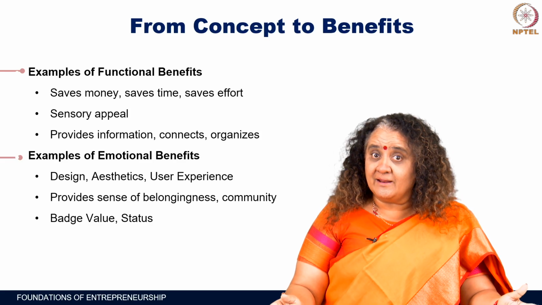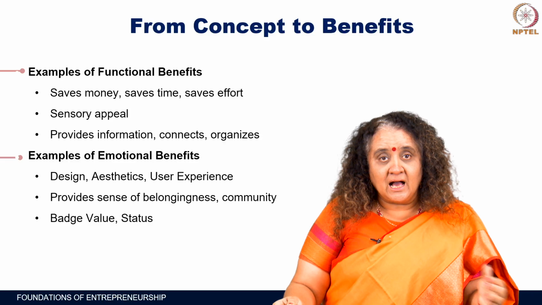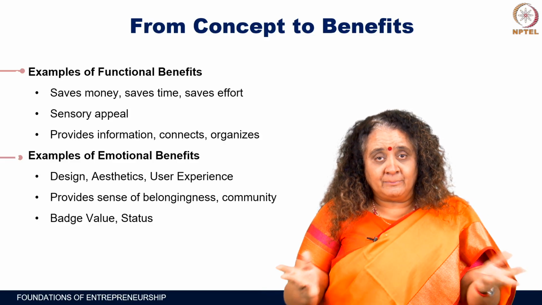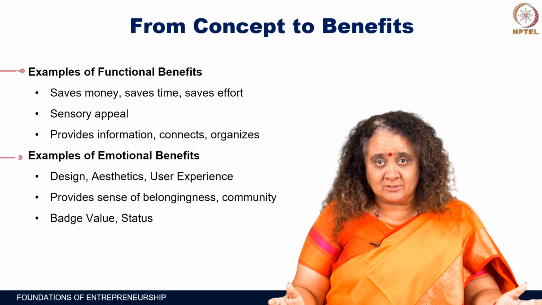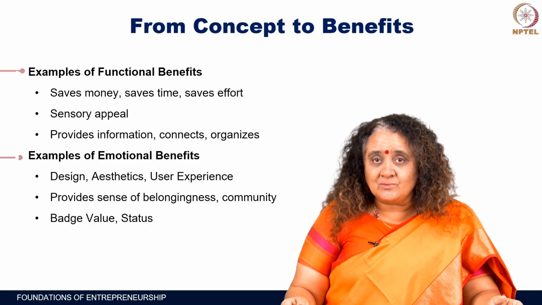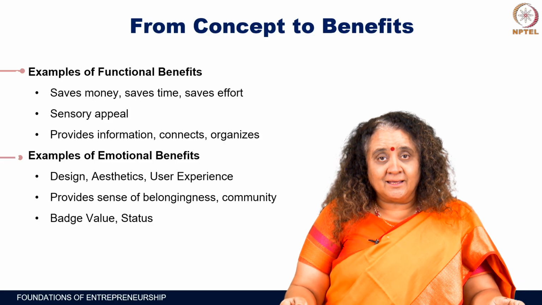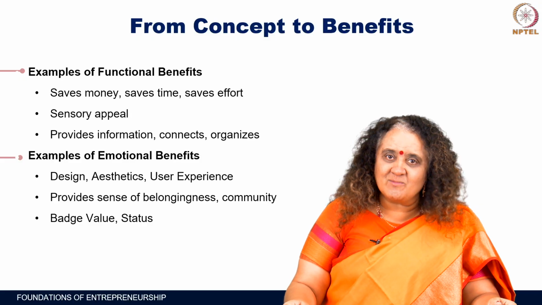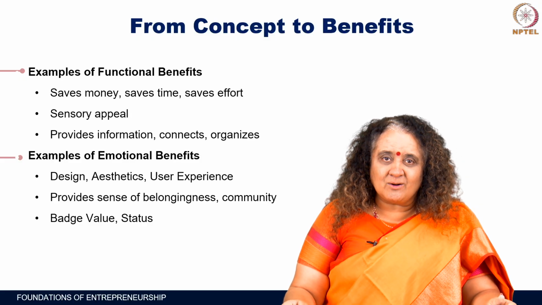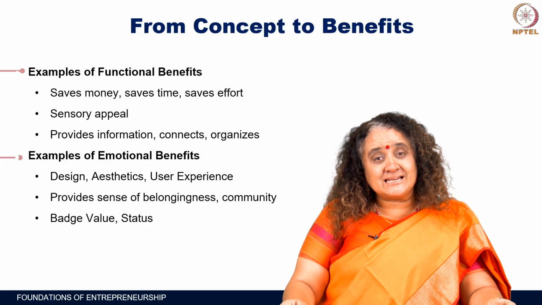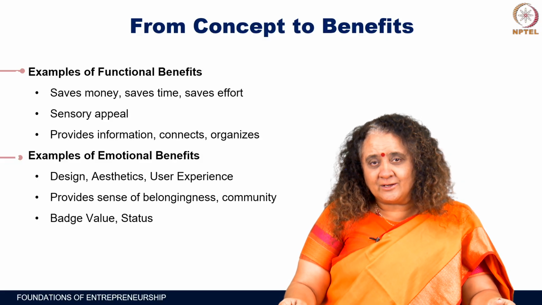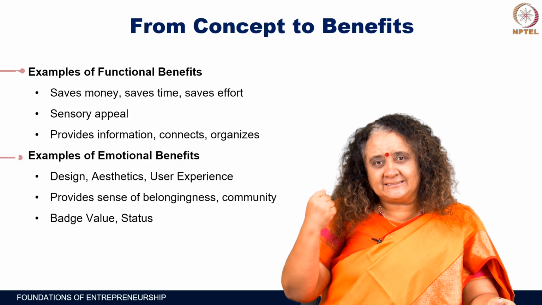There is an emotional benefit of badge value. I wear this sari because it says something about me. I wear an Apple Watch because it says something about me. So that is badge value. It is about status. I don't know if I said this in an earlier lesson, but I don't mind repeating. My students call esteem or status or badge value by a word which I really like, which is called flex. It's like flexing your muscles.